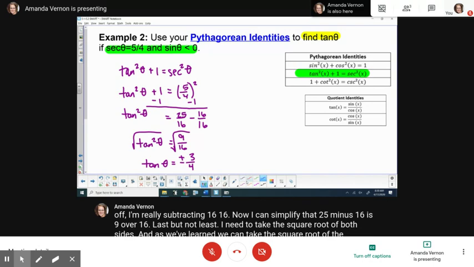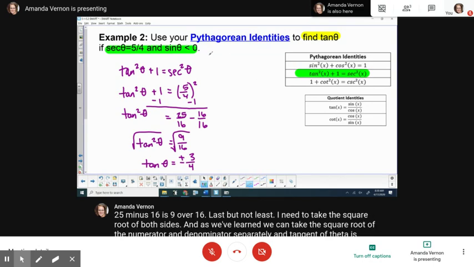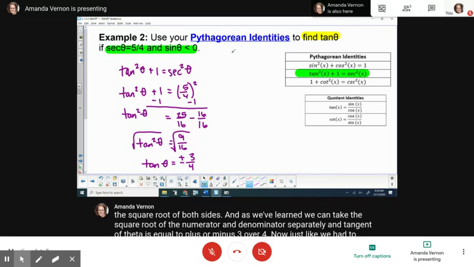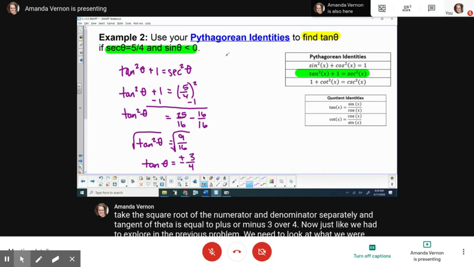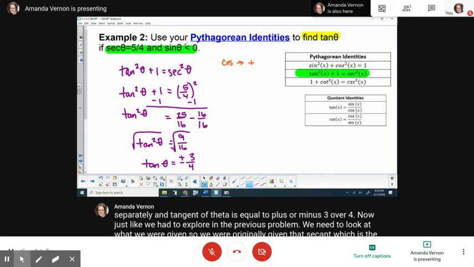Now, just like we had to explore in the previous problem, we need to look at what we were given. So we were originally given that secant, which is the reciprocal of cosine, was a positive 5/4. So we know that cosine is positive. And because of this, sine of theta is less than 0.